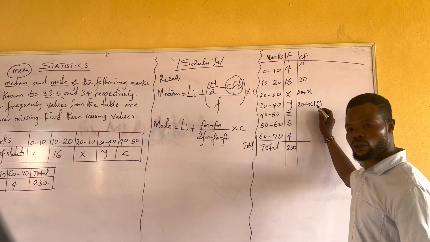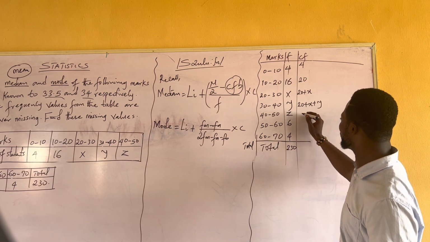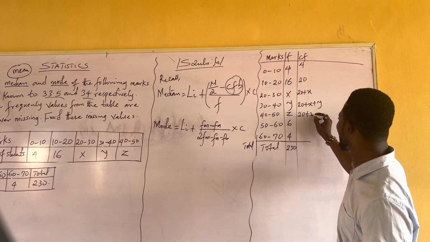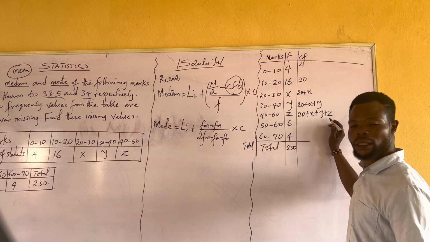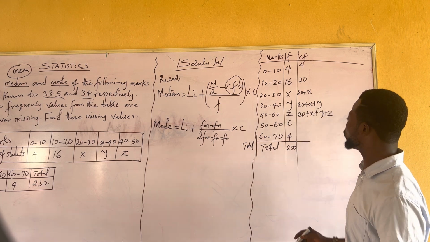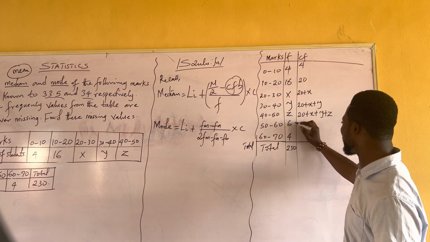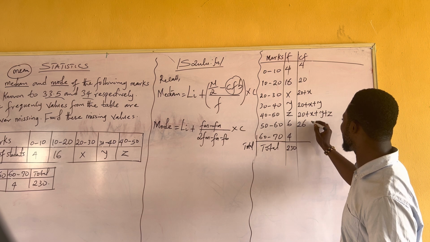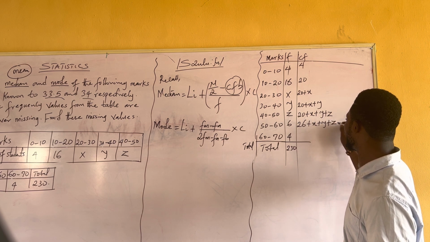And we add this to the next frequency, so everything here plus z. This will be 20 plus x plus y plus z. We add this to the next frequency, which is 6, so 20 plus 6. This will be 26 plus x plus y plus z.